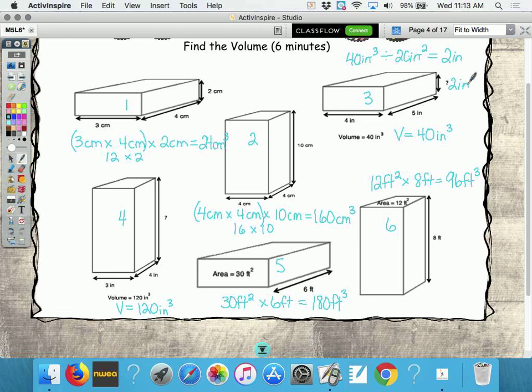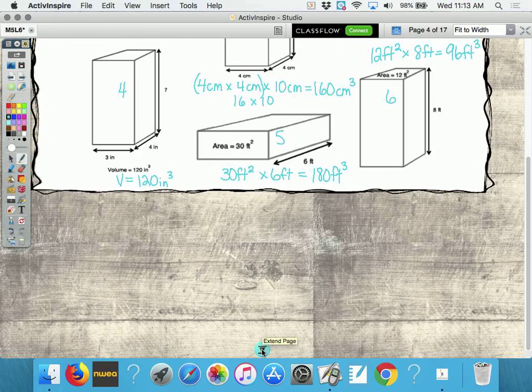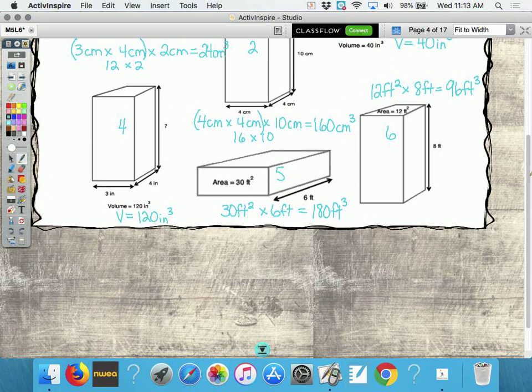All right. So now let's look down here at prism number 4. Okay, so they gave me volume, so that means I'm doing the opposite of multiplication, okay?